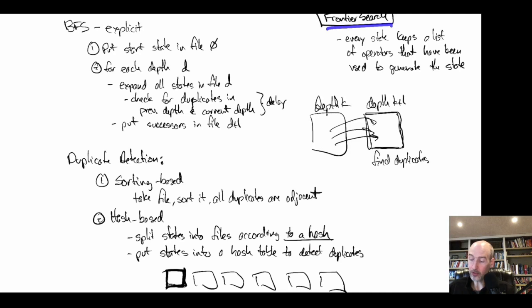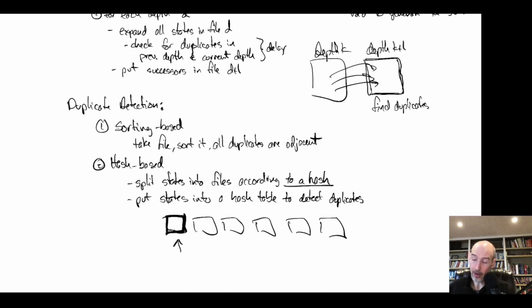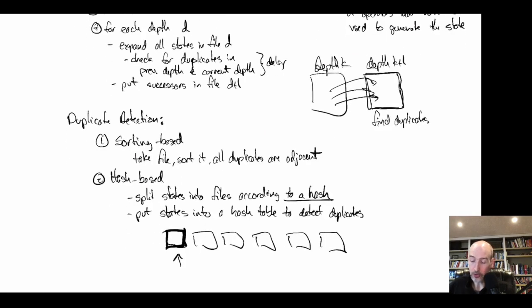If we're doing a frontier search, then I only have to check at the current layer, the next generated layer. So I'm going to expand all of them into this file, so there may be many duplicates in this file, and only when I'm done, when I'm ready to do the next layer, do I go and remove all the duplicates.